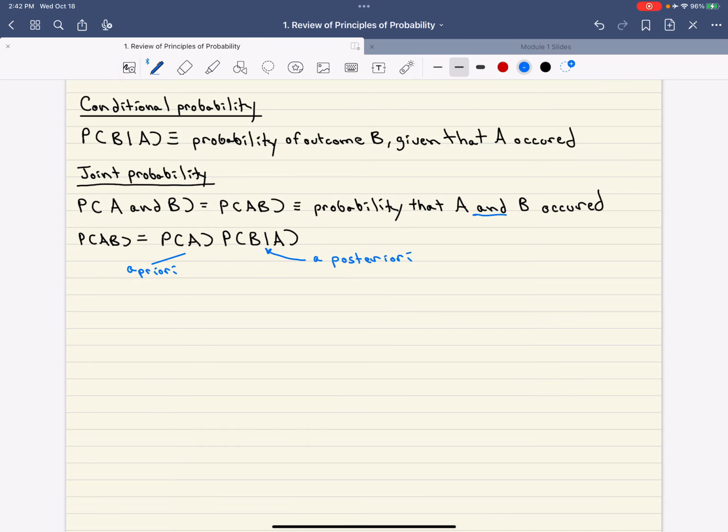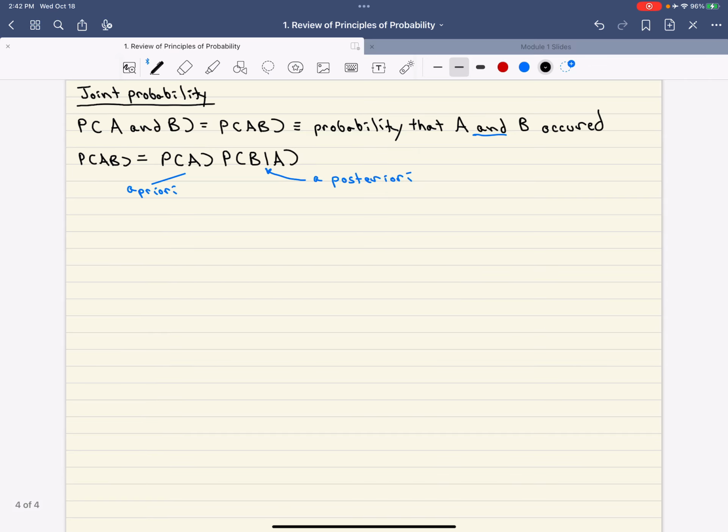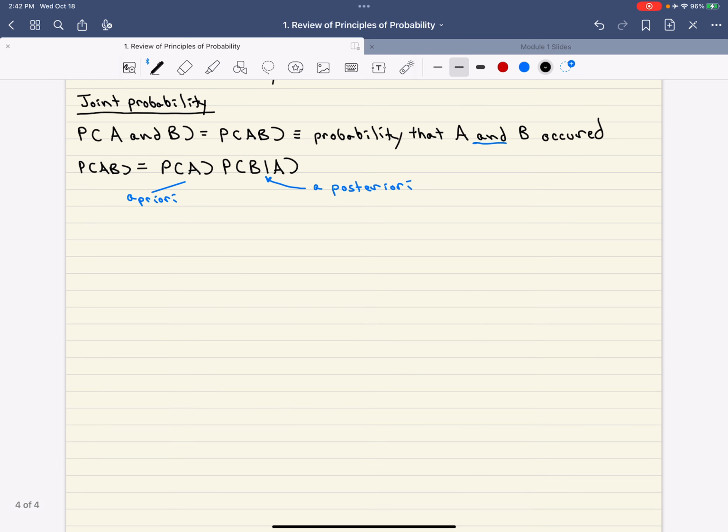To make things match up with what we talked about before, this is just the most general definition. But in the specialized case that A and B are independent, the probability of B occurring won't actually be affected by A at all.